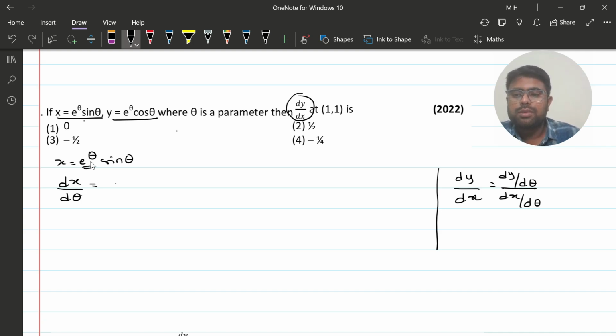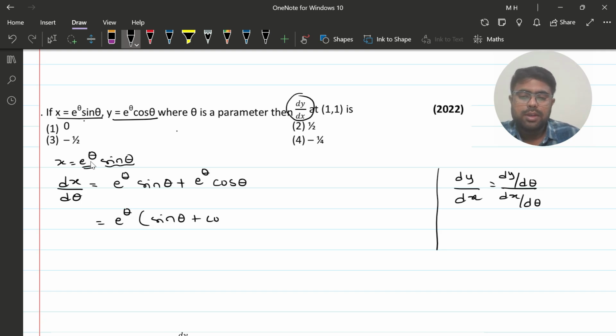What is the derivative of e raised to theta? E raised to theta. Keep sine theta as it is, plus keep e raised to theta as it is. What is the derivative of sine theta? It is cos theta, right? So this is going to be e raised to theta into sine theta plus cos theta. So this is your dx by d theta, right?